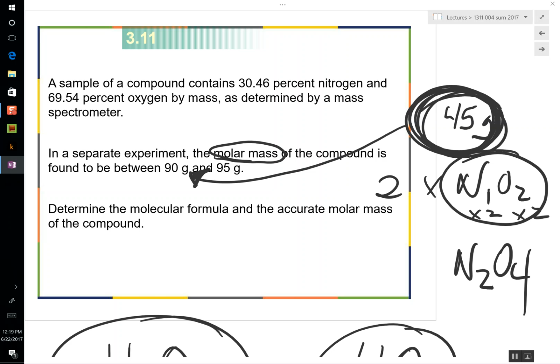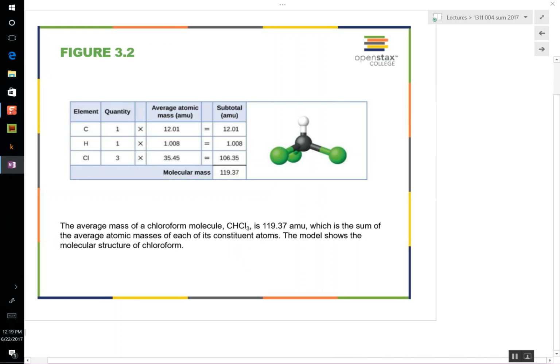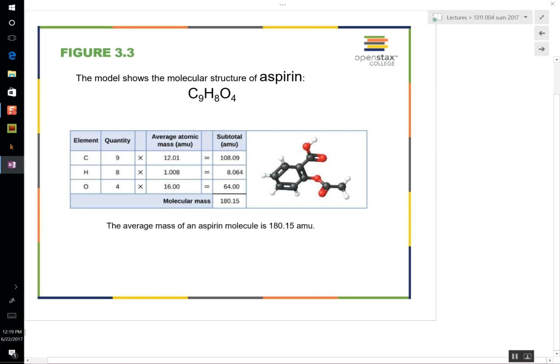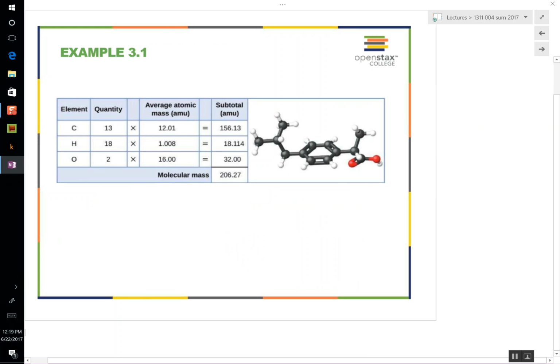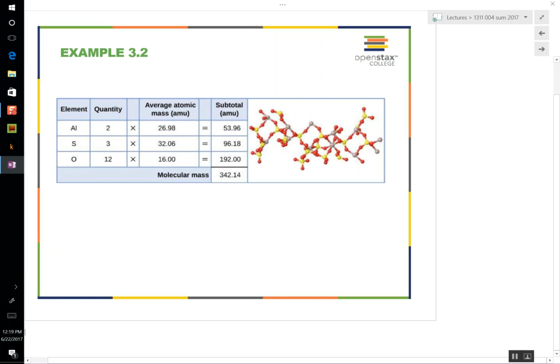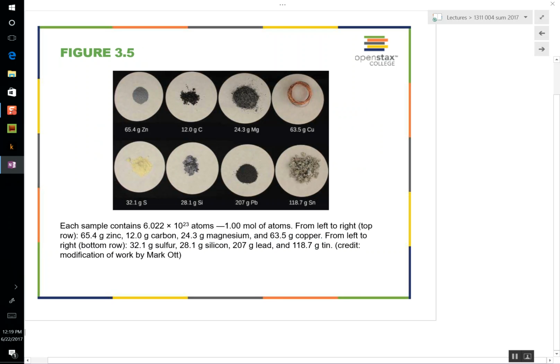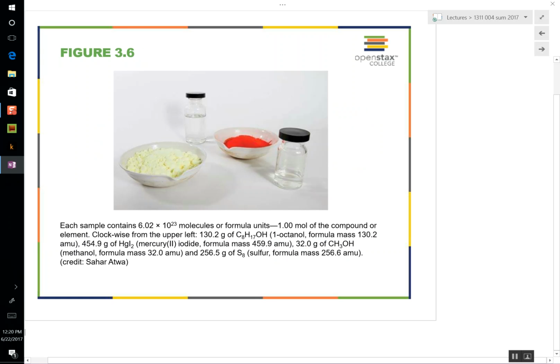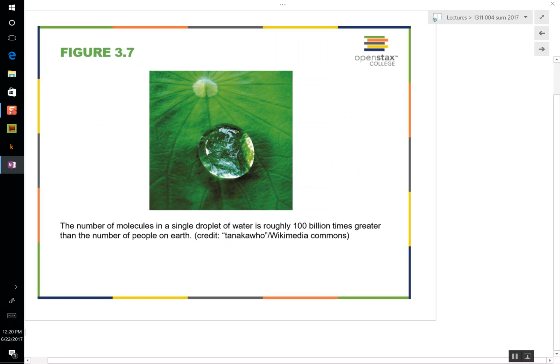Maybe Tuesday, maybe we'll do that. But let's segue on into these and grapple with that. Look at an example. What are all these? So where is molarity?